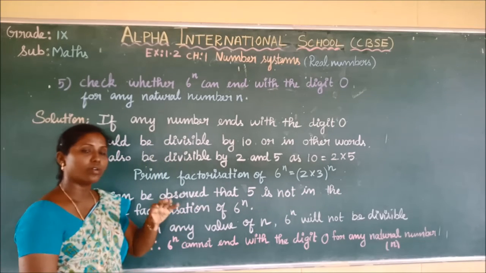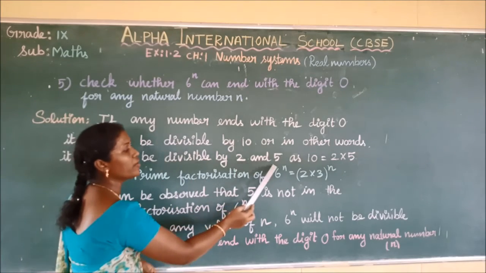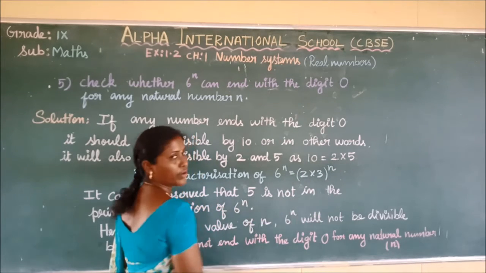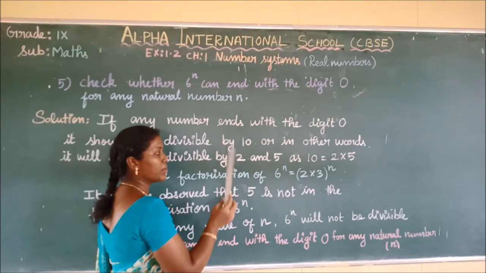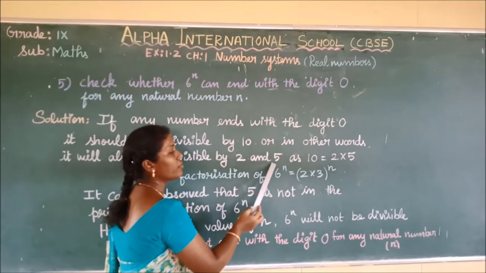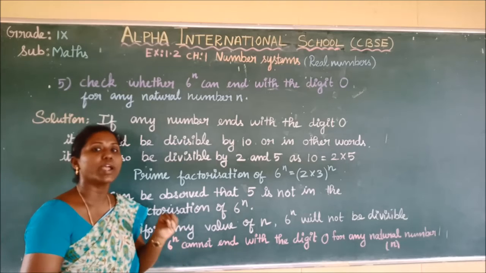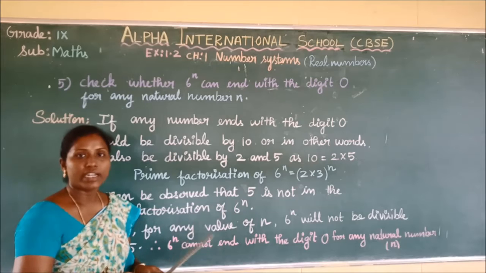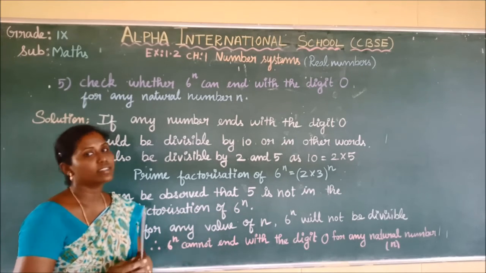If it is divisible by 10, it should also be divisible by 2 and 5. For example, 10 is equal to 2 into 5. So any number that ends with 0 has the product of 2 and 5 as a factor. Isn't it? So if it is possible to divide it by 10, the number is also possible to divide by 2 and 5. That means any number that has 2 and 5 as its factors, surely the number ends with the digit 0.